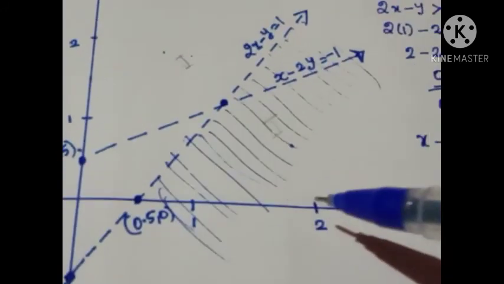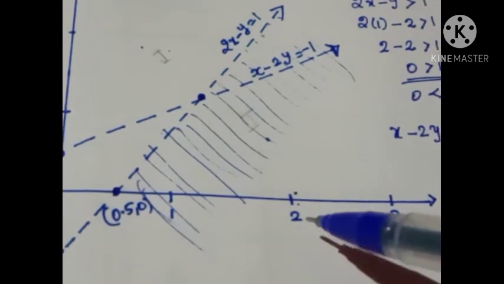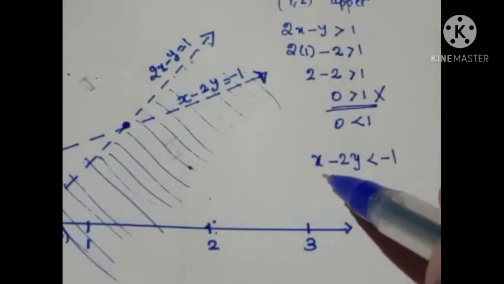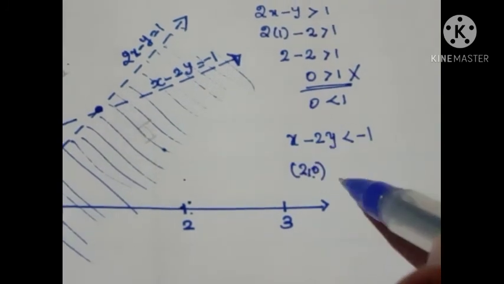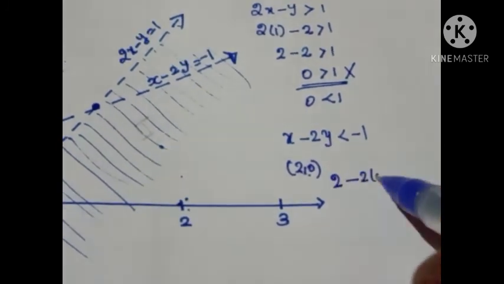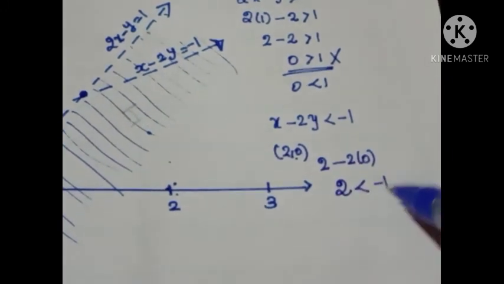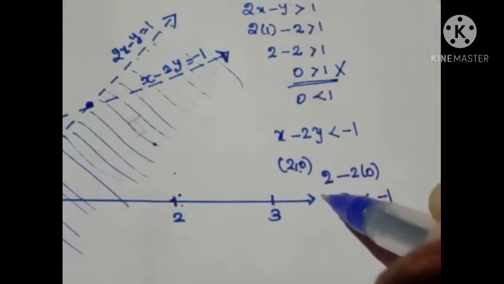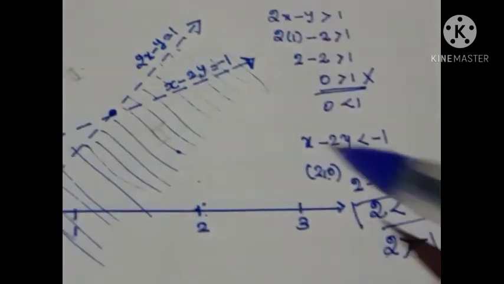Let us take the point 2, 0. Put these values here. So this becomes 2 minus 2 into 0, which is 2. 2 is less than minus 1. Is it correct? No. 2 is greater than minus 1.